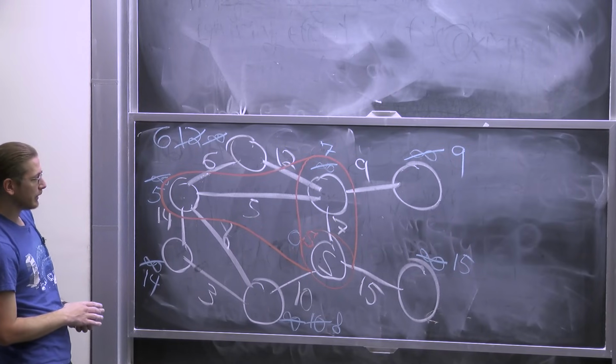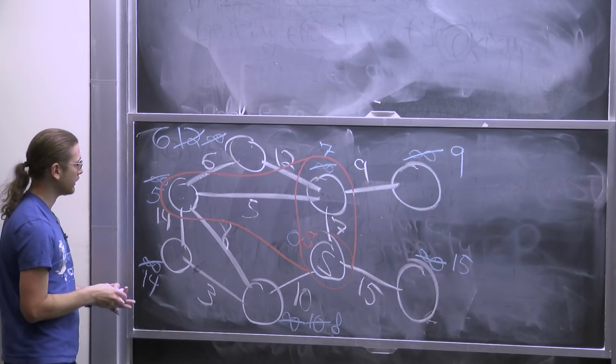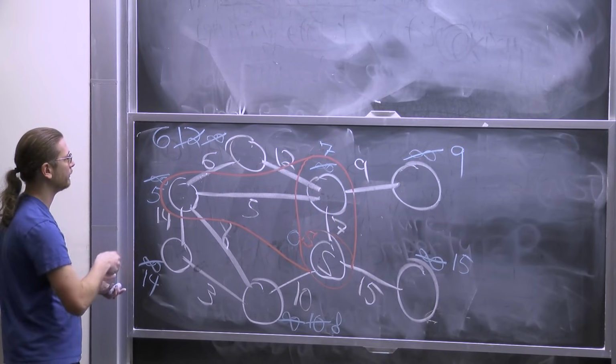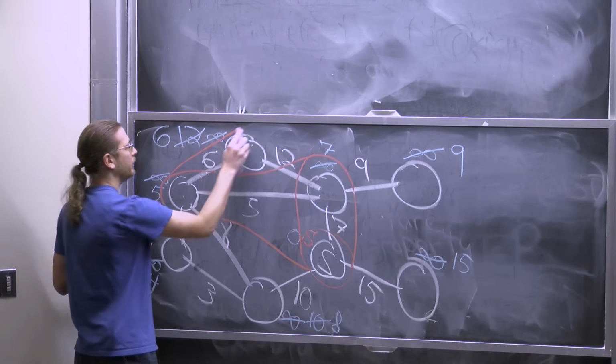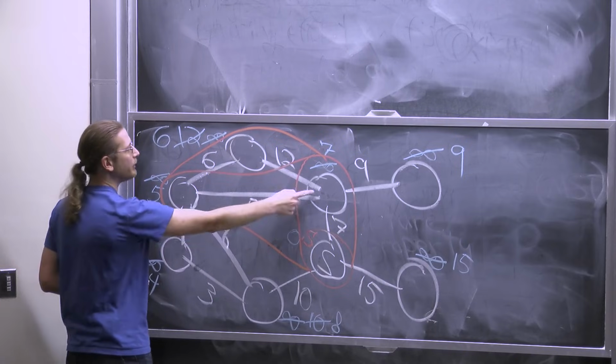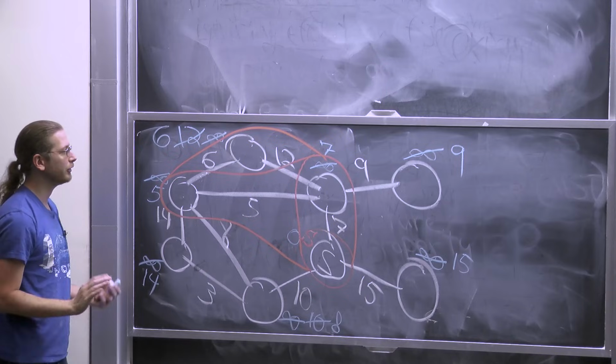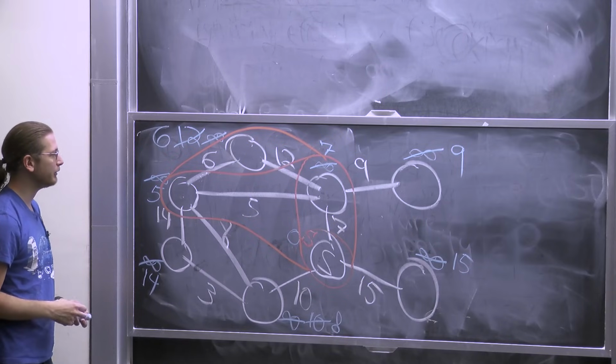Next smallest value is 6, right? So we add this guy in. We look at the edges from that vertex, but actually nothing happens because all those vertices are inside capital S, so we don't care about those edges.